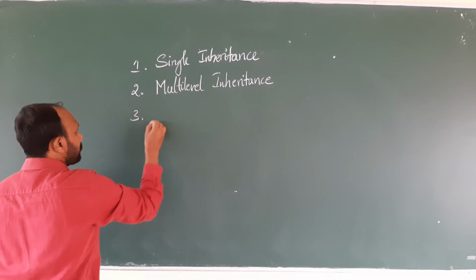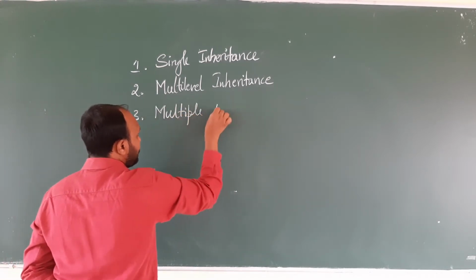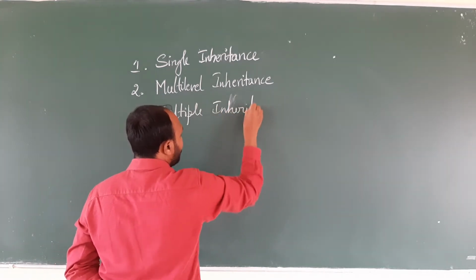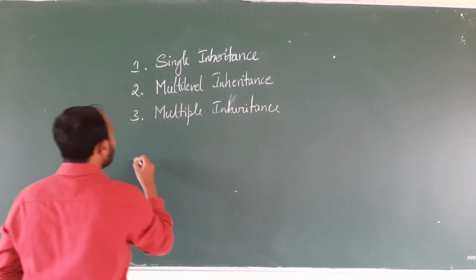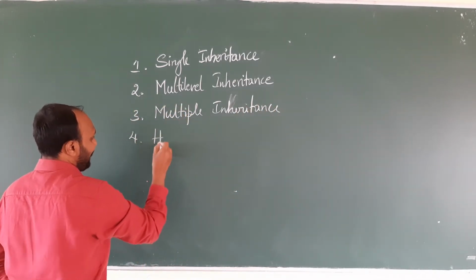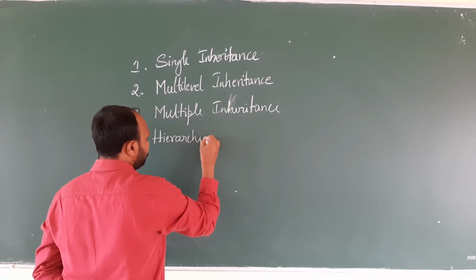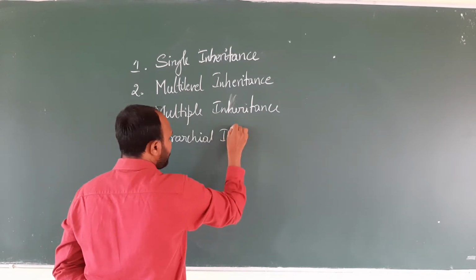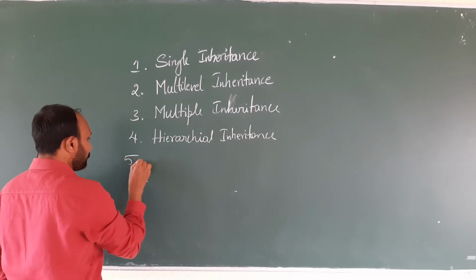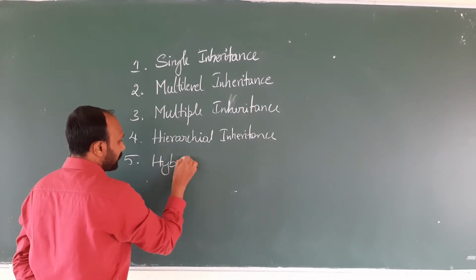And the third one is called multiple inheritance. Followed by that, the fourth one is referred to as hierarchical inheritance, and the fifth one is hybrid inheritance.